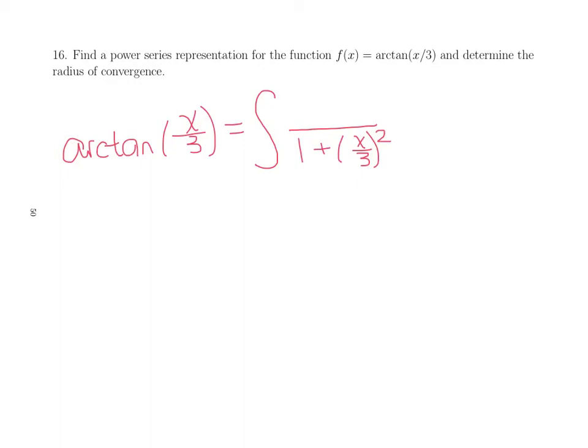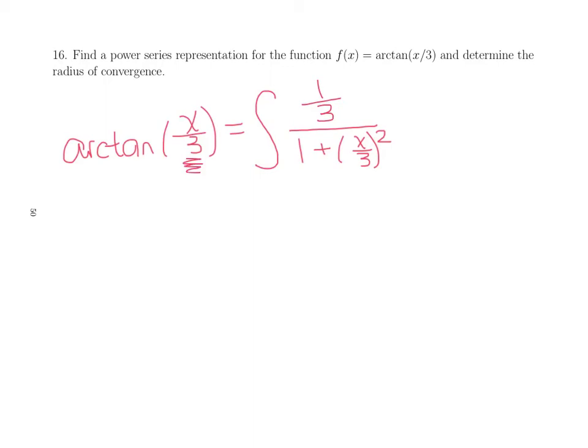And then we have to think a little bit about constants here, so we need to be careful about where our constants go. What we're really doing is taking the derivative of arctangent right now, and the derivative would also give us a 1/3 as the derivative of the inside piece.